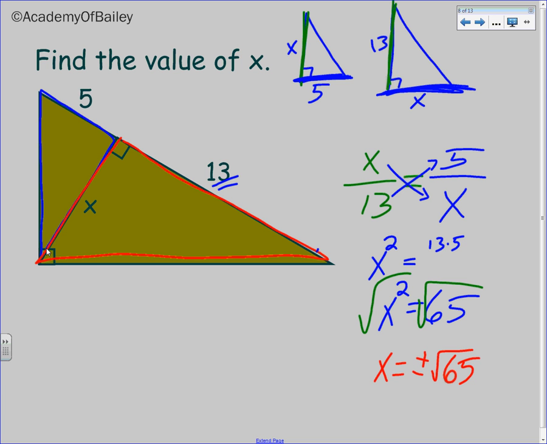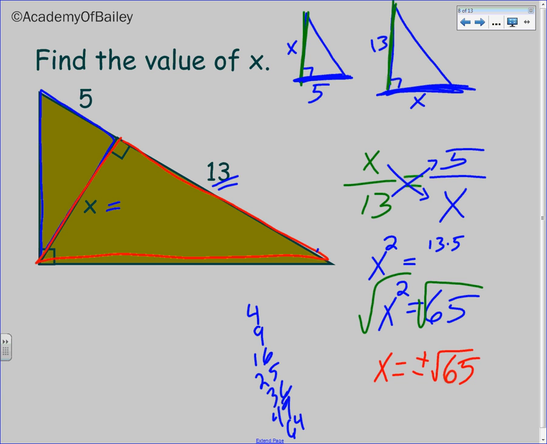So we need to look: can we say the square root of 65 is simplified? 4 does not go into it. 9, I'm checking perfect squares, 9 does not go into it. 16, 25, 36, 49. The next one would be 64, and the next one's too large.